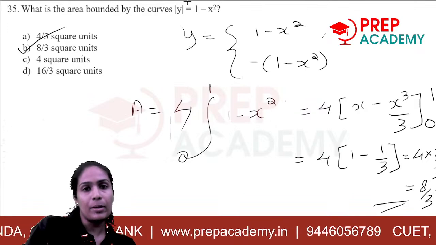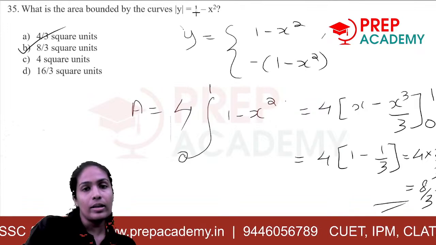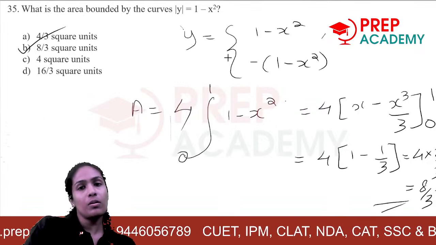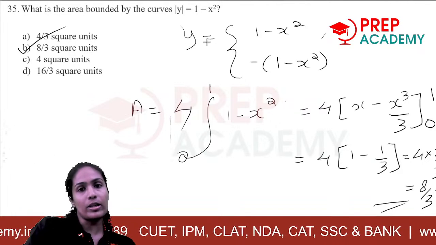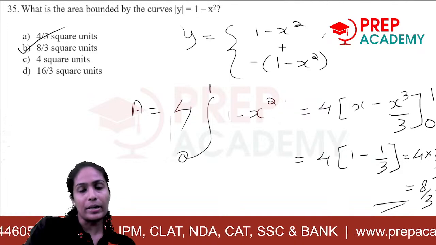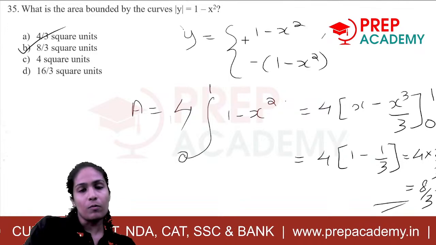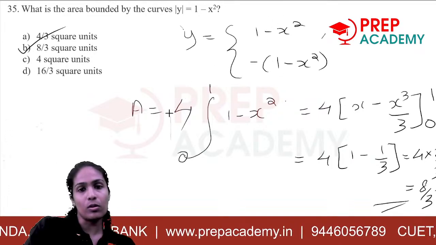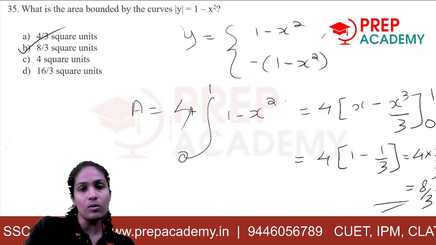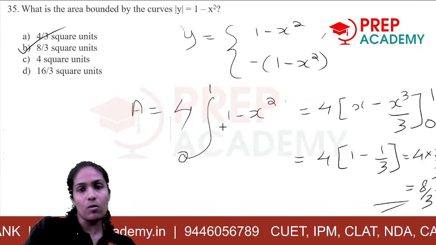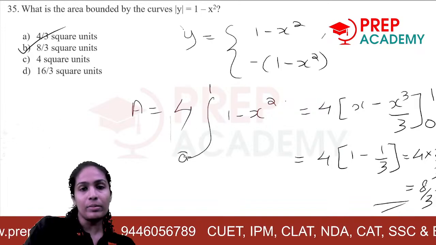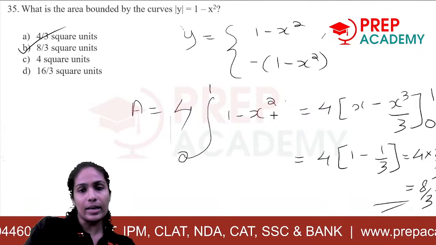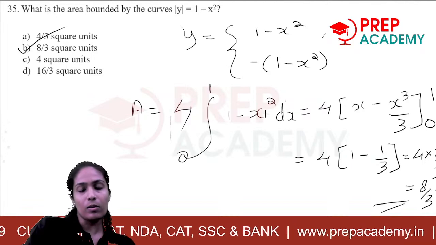So here this is a parabola because one variable is in second degree and the other is first degree. Since it is a modulus function, you can write y is equal to 1 minus x square and minus of 1 minus x square. One parabola is divided between two quadrants, but here there are two parabolas, therefore total 4 quadrants. All are symmetrical, so find the area in the first quadrant and multiply it by 4. The limit is from 0 to 1 because the parabola cuts the x-axis at 0 and 1.